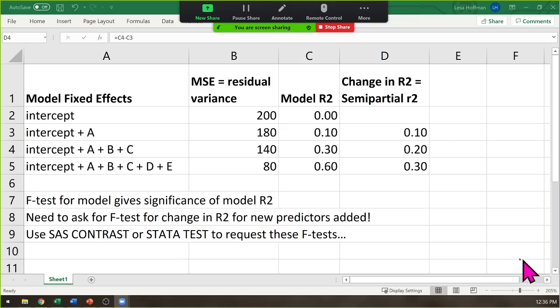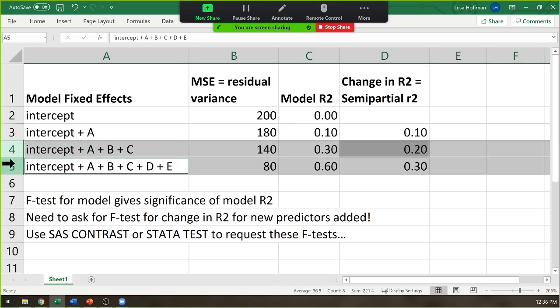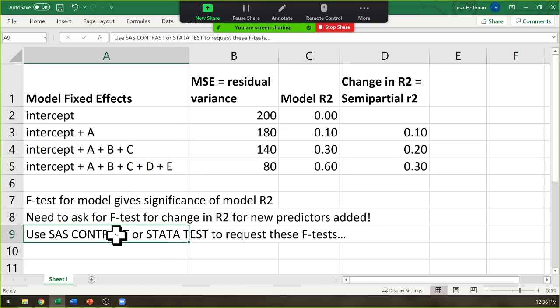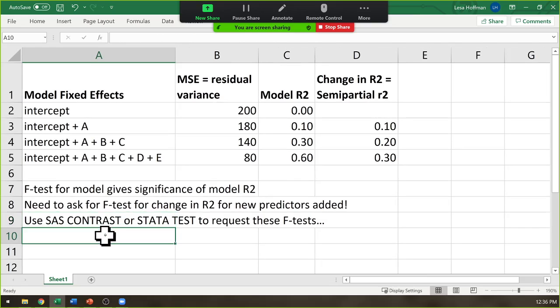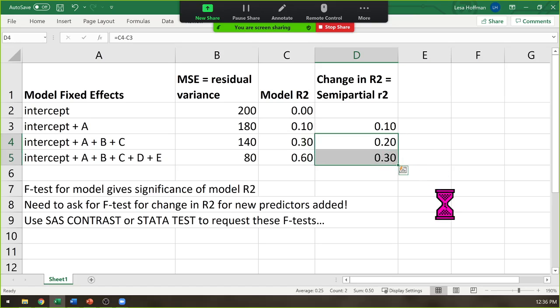All right, so how do we get this change in R square from this step here? The logic of these statements, so I'll just type in here actually. I have a note in here: we need to ask for the F test to be able to get these things. So it's these cells right here that we're after, the change in R square.